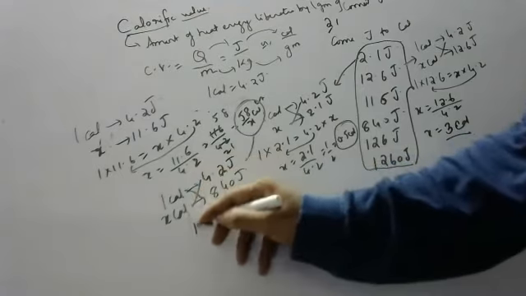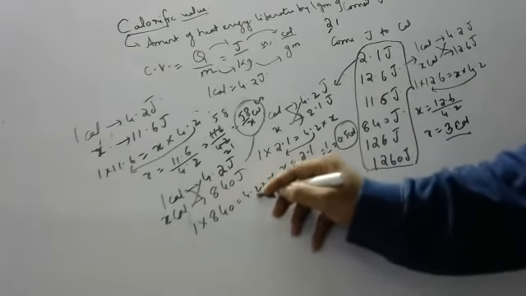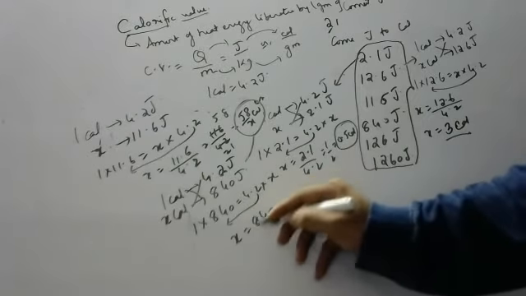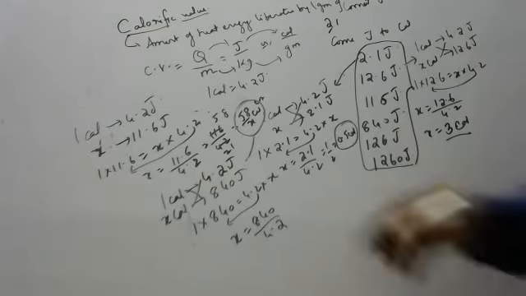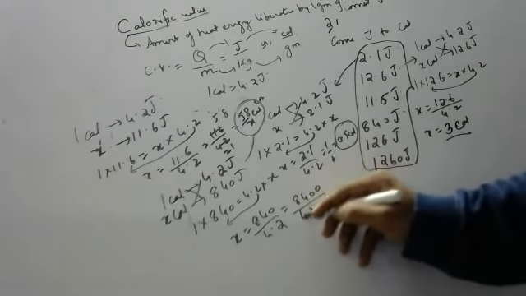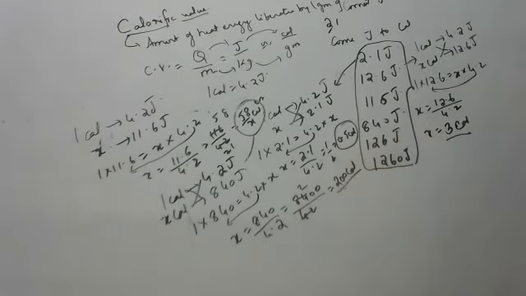Cross multiplication: 1 into 840 is equal to 4.2 into x. x is equal to 840 by 4.2. Remove this point. 840 by 42, sir. 200 calories. Okay.